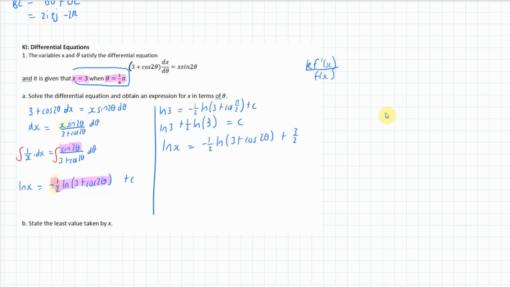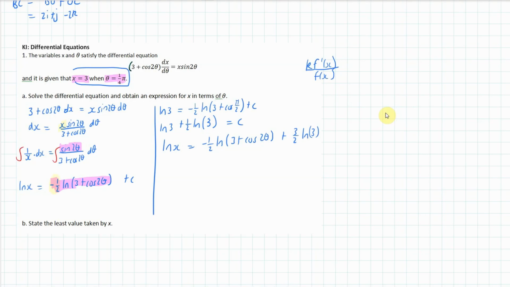You might be thinking, how did he get 3 over 2? Sorry, step back. What we've got is 1 times ln 3, and then we've also got 1/2 times ln 3. So altogether we've got 1 here and 1/2 here, so that's 3 over 2. There we go. That's what we're doing here. Sorry guys, wake up. All right.